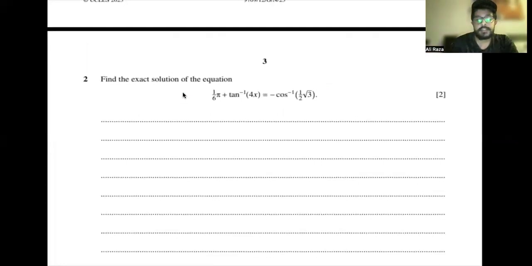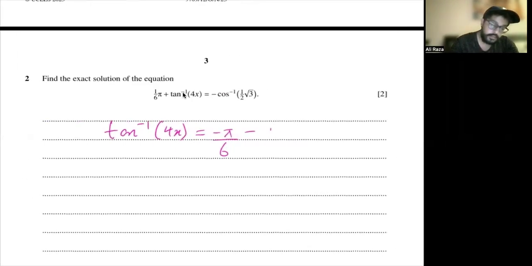We need to find the exact solution in question number 2 for the given equation. Tan inverse of 4x is equal to minus pi over 6 minus cos inverse of root 3 over 2.